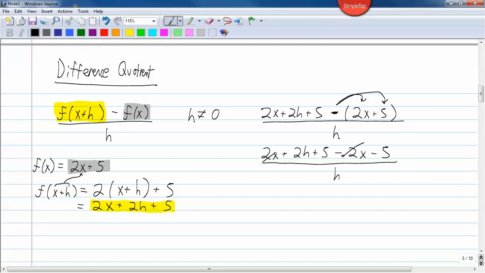Those cancel out. I have a positive 5 and a negative 5. Those cancel out. And I'm just left with 2h over h. And so now I can cancel the h's out, and I'm just left with 2. So the rate of change of the function 2x plus 5 is 2.